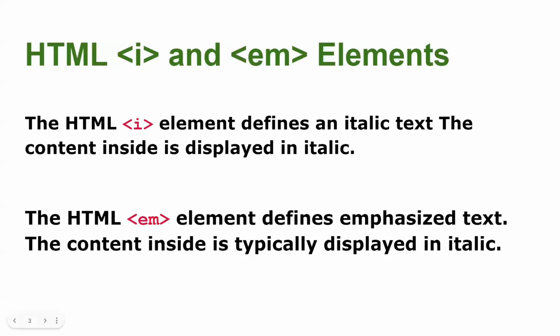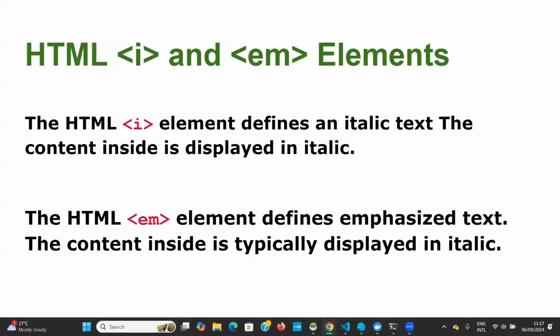The remaining 2 that we're going to be talking about in this video are the I and the EM elements. Now the HTML I element defines an italic text. The content inside is displayed in italic, that is slanted. The HTML EM element defines the emphasized text.